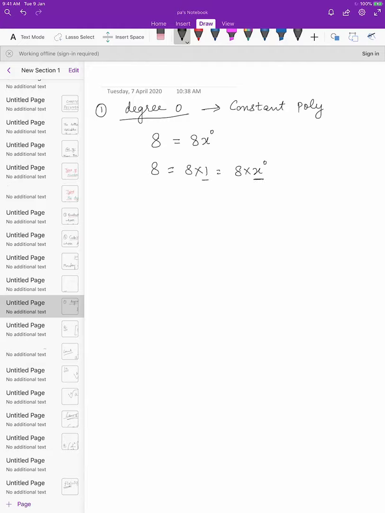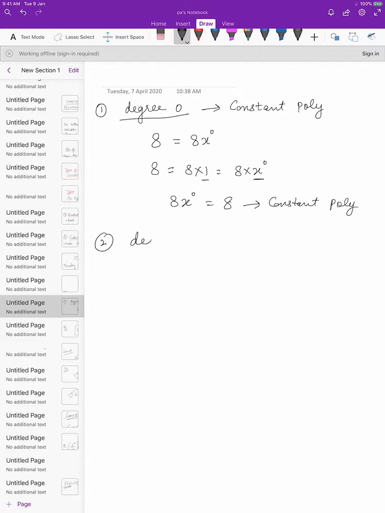So any constant number can be written as any variable raised to the power 0. So can I call it a polynomial with degree 0? Actually, what is 8x to the power 0? It is 8 only. That is why it is known as a constant polynomial. So any polynomial whose degree is 0 is called a constant polynomial.